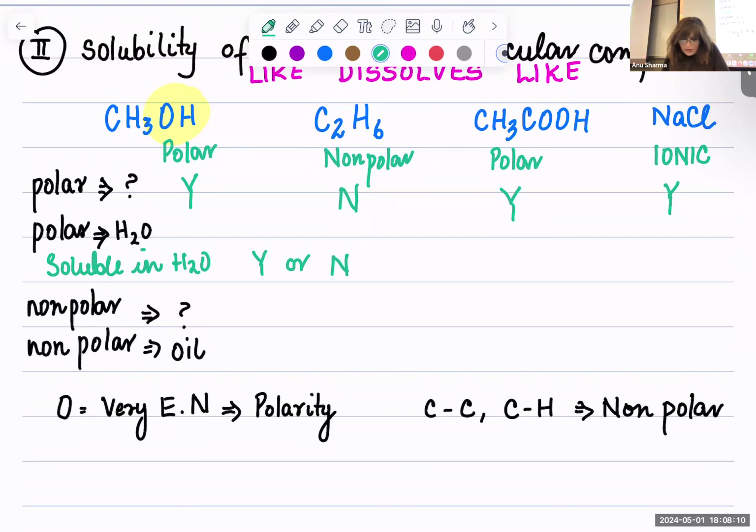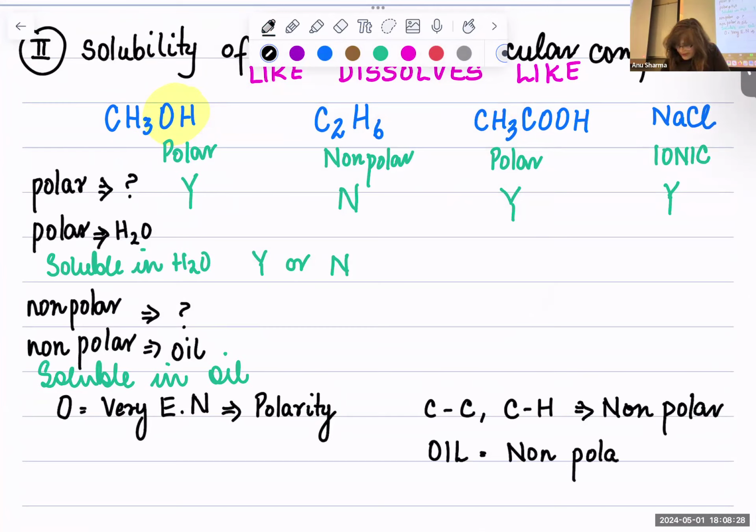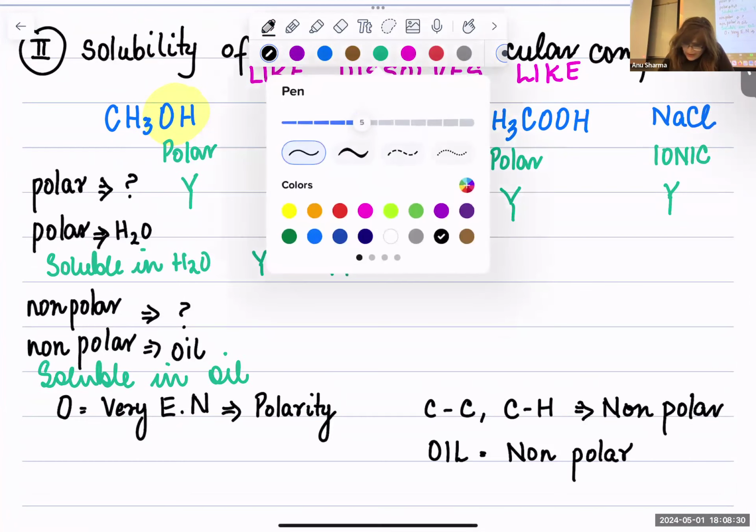Now let's look at whether these are soluble in oil. Is the first molecule, CH3OH, soluble in oil? Oil is non-polar. So always remember that anytime there is oil, it is non-polar.